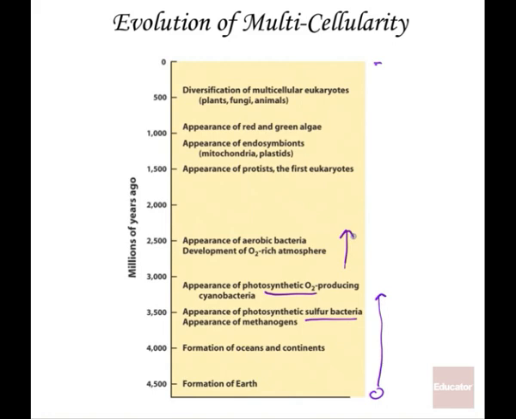Then as we continued to evolve, we had the appearance of the protists, the first primordial eukaryote, and then that protist began to engulf these organelles that were originally bacteria. And then at this point, we had our red and green algae, and then we diversified. That's when we started developing multicellularity.